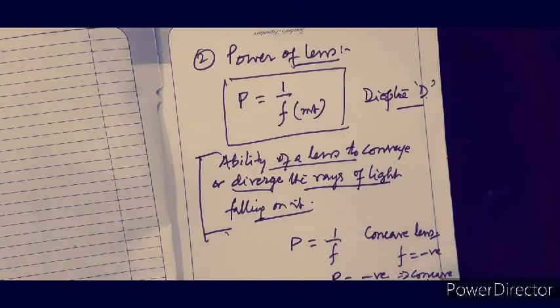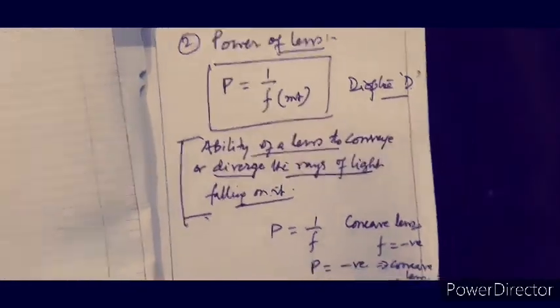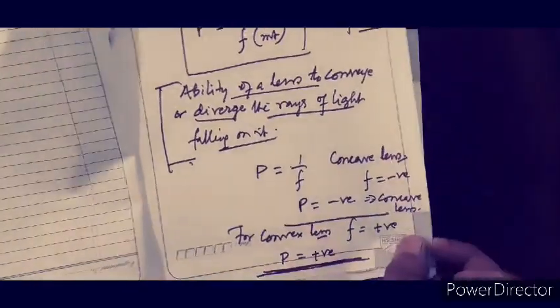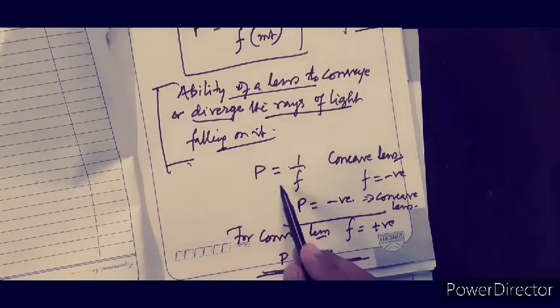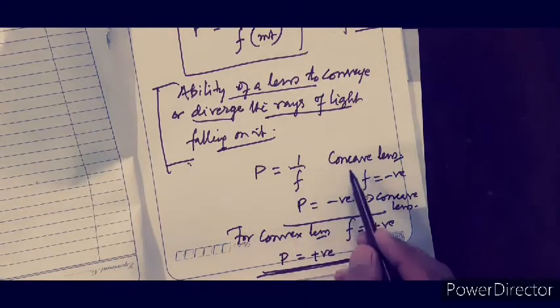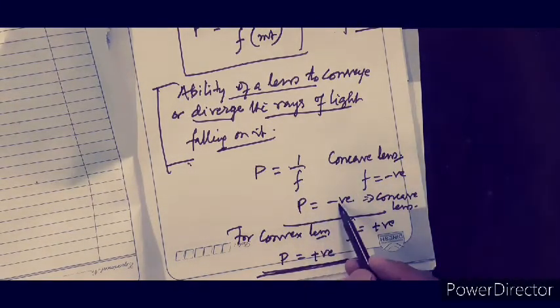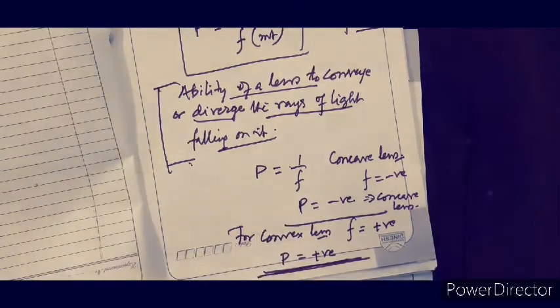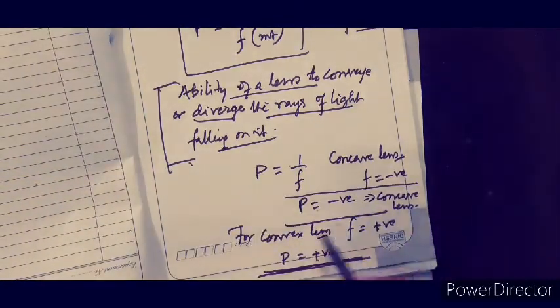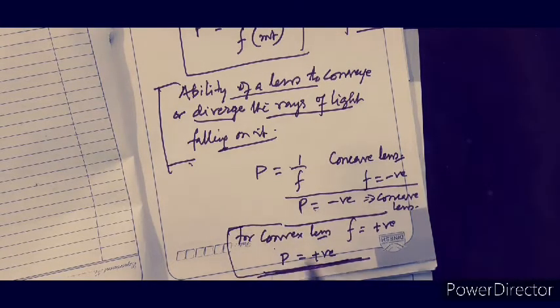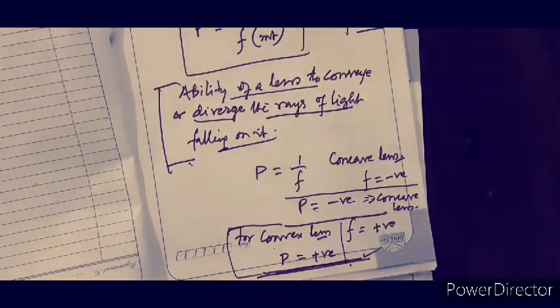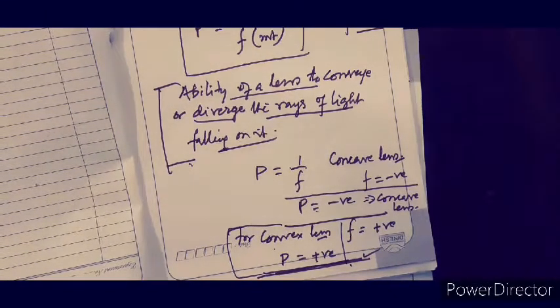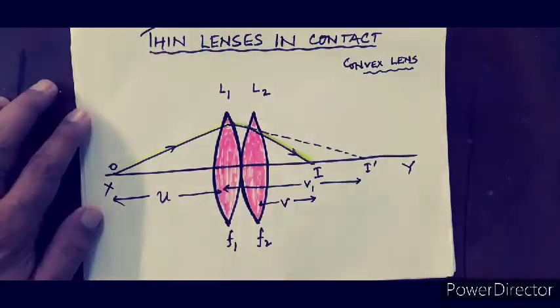That you remember. Just the recapitulation. Clear? 1 by F, focal length. So if the power is given negative, that means concave lens. And if the power is given positive, that means convex lens, because it depends on the focal length.